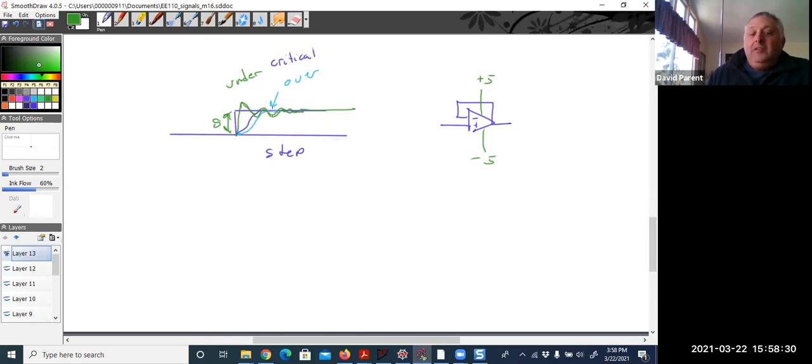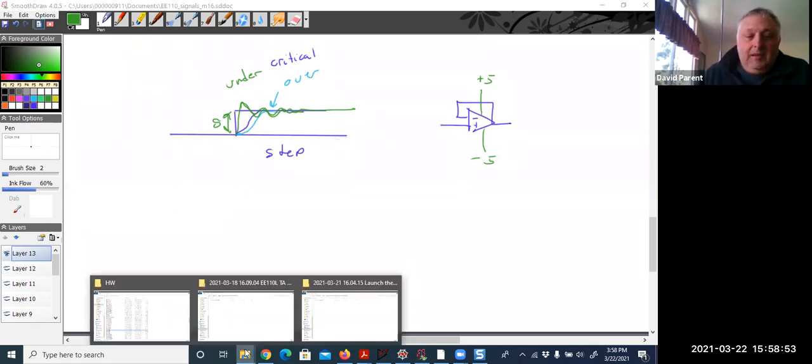And so you want to know, if you hook up your circuit and you're seeing this weird thing here, well, it could be your overdamped system has turned underdamped, and now you're getting oscillations or ringing for that. All right.